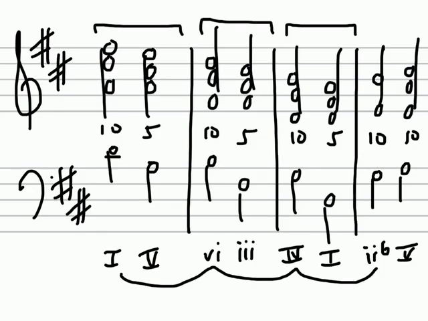So here we have the familiar Pachelbel. And the linear intervallic pattern is 10-5, 10-5, 10-5.